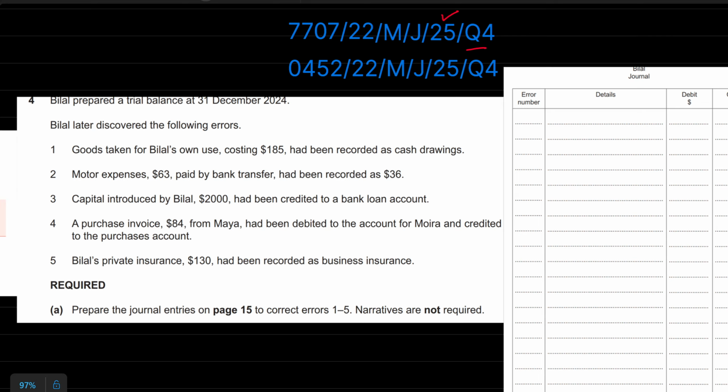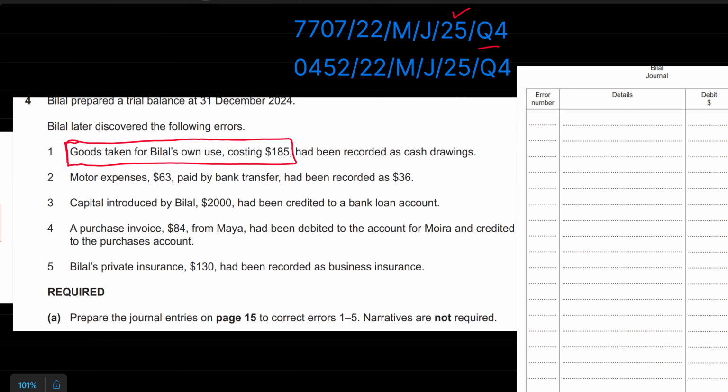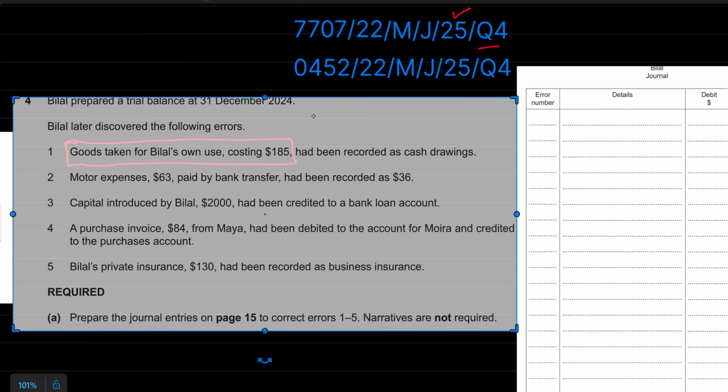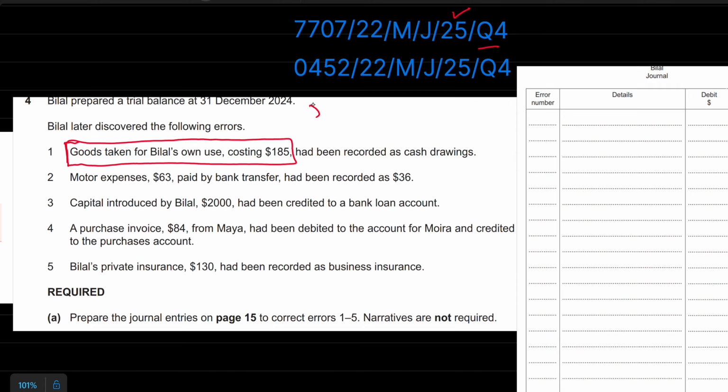Students, when goods are taken for own use, to correct an error, you first of all need to know what their original debit and credit are. Whenever the owner takes anything for personal use, drawings are debited.